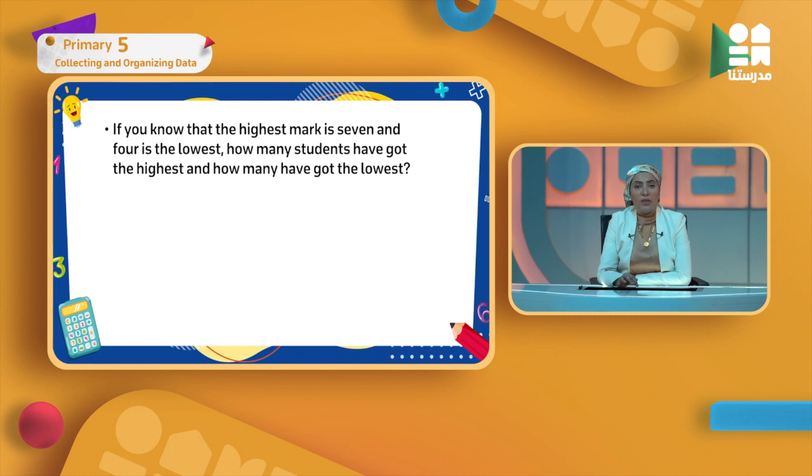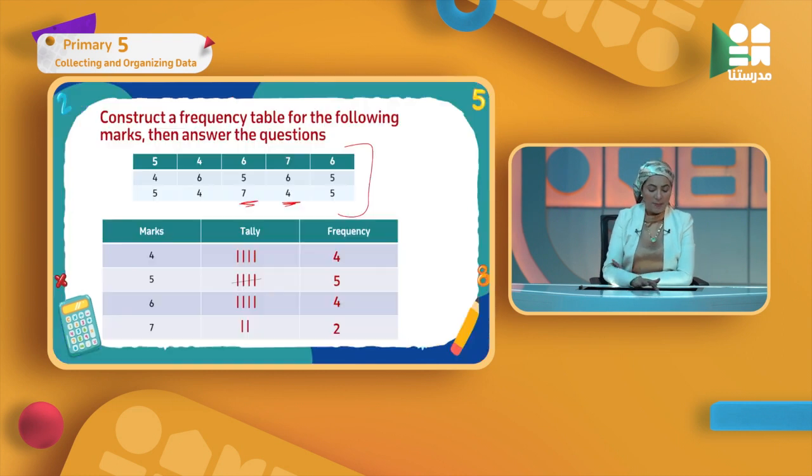Now if I know that the highest mark is 7 and 4 is the lowest, how many students have got the highest and how many have got the lowest? Let's go back to the table we made. The highest was 7. How many students have got 7?